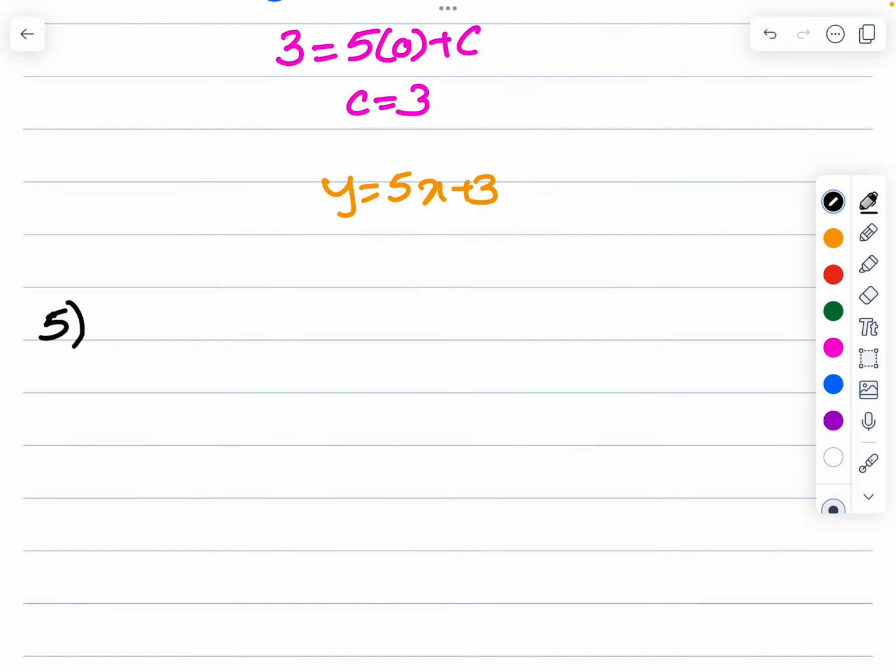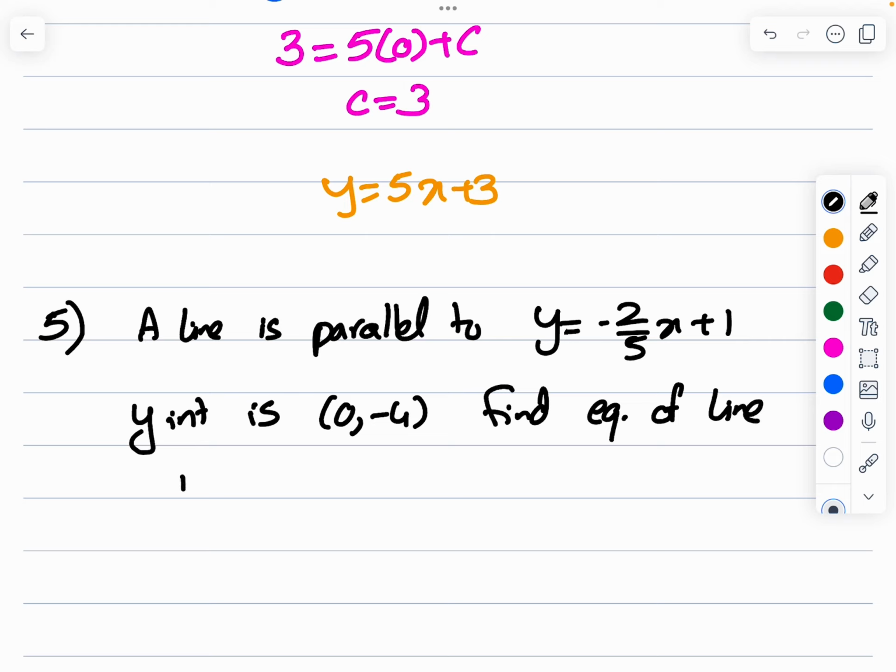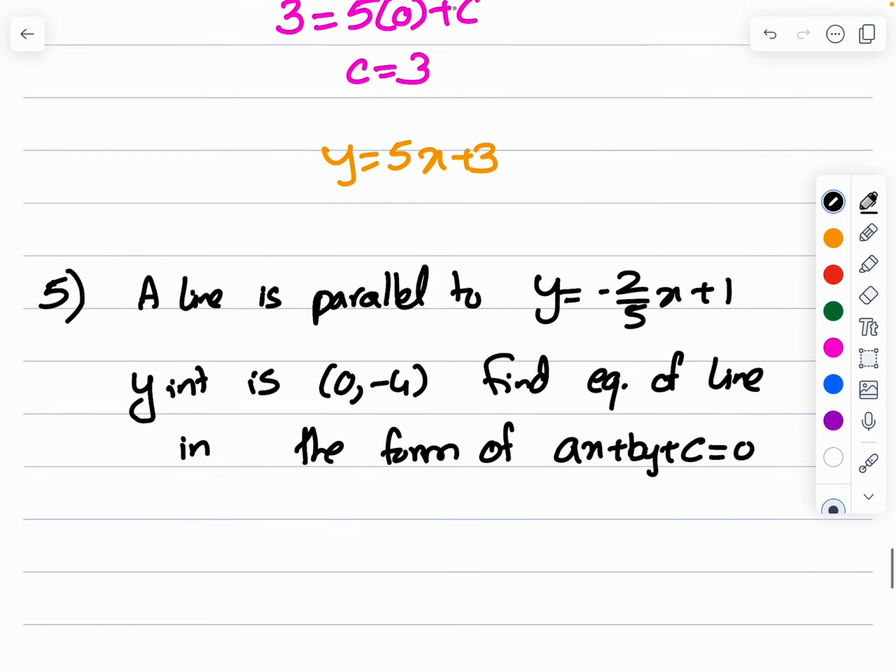That's question number 4. Coming to question number 5, once again, a line is parallel to y equals minus 2 upon 5x plus 1, and y-intercept is (0, negative 4). Find the equation of the line in the form of ax plus by plus c equals 0.